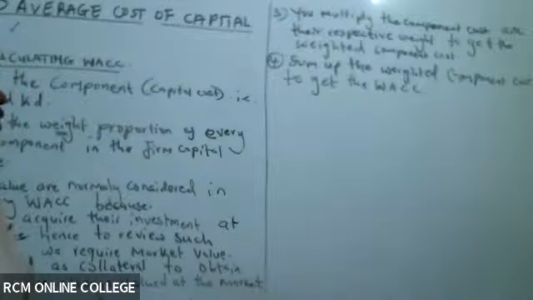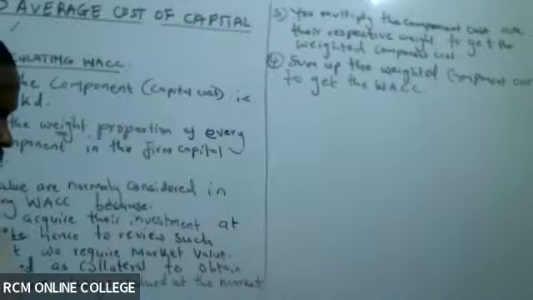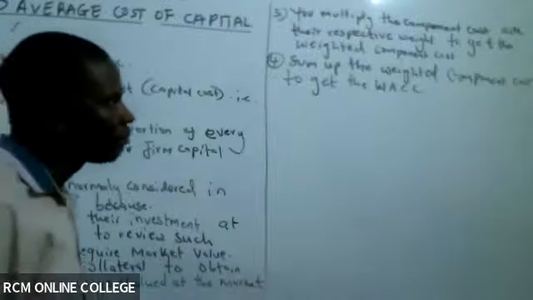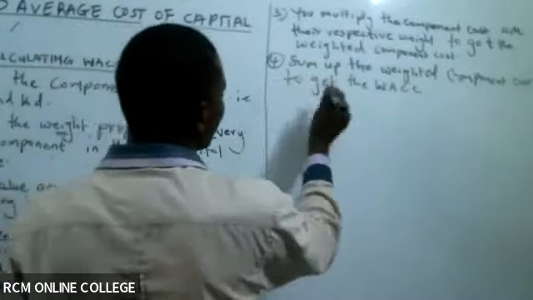You sum up the weighted component cost to get WACC. Okay, so the four are important.